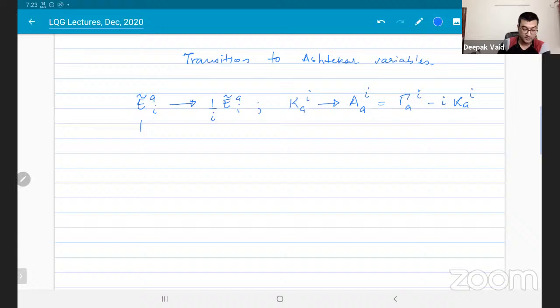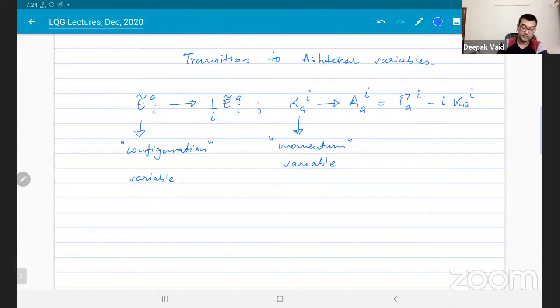So this is the configuration variable, and this is the momentum variable, right? Of course, those two are interchangeable. Now, it involves a rescaling and a translation by this quantity gamma. Now the thing is, what is this gamma?